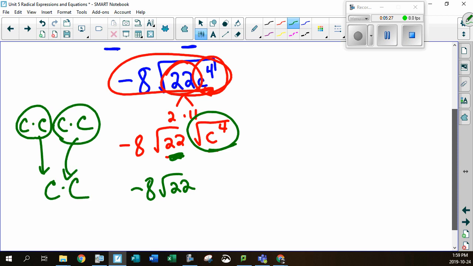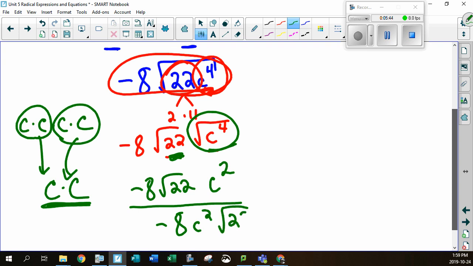So in fact, this is minus 8 root 22 c squared. That's right, there are two c's making it a c squared. If you clean this up a little bit, this works out to be minus 8 c squared root 22. That's only half of the problem. Let's go back now and solve the rest.